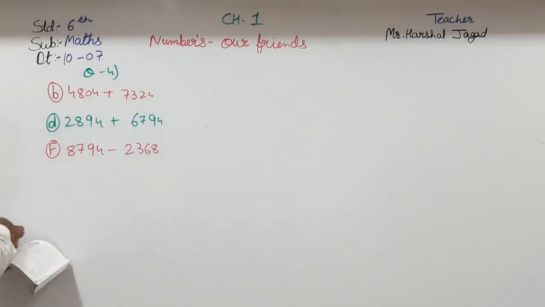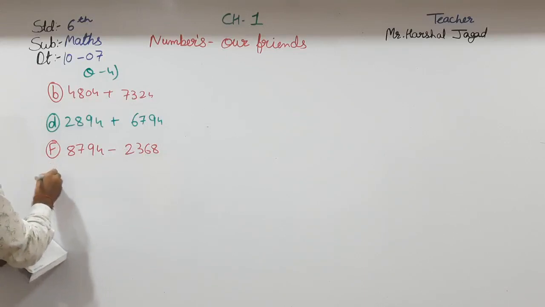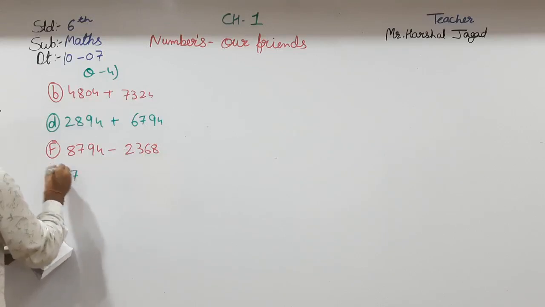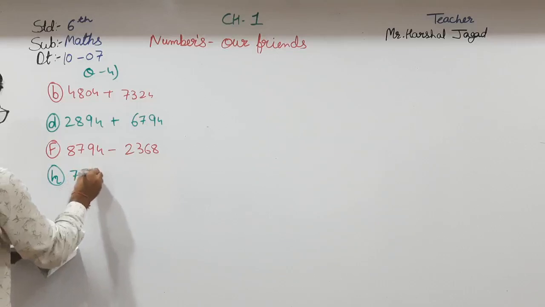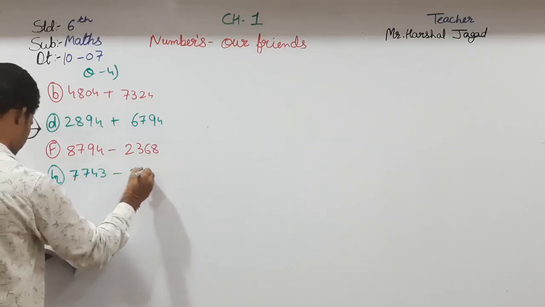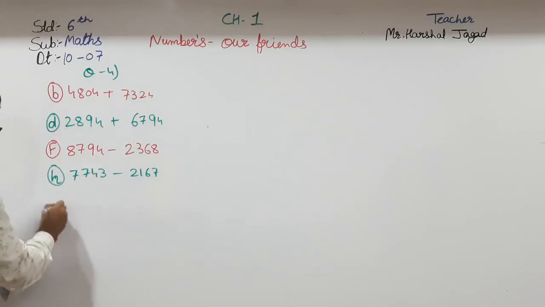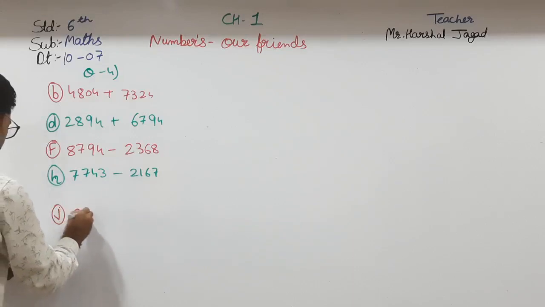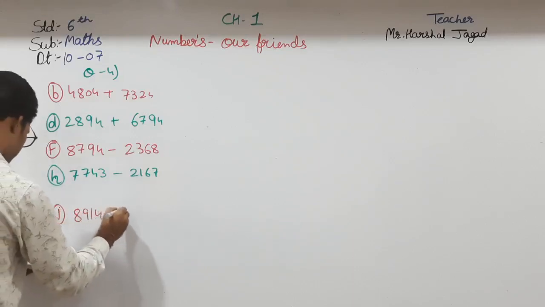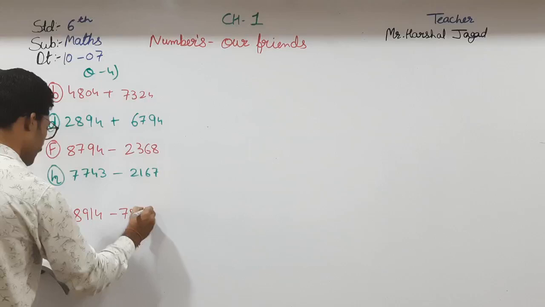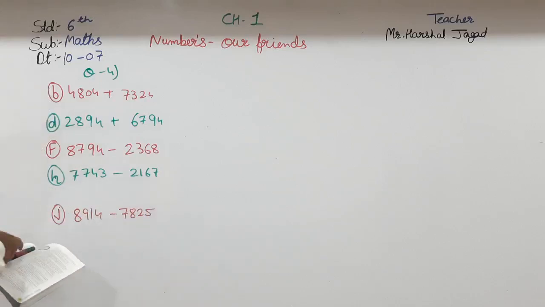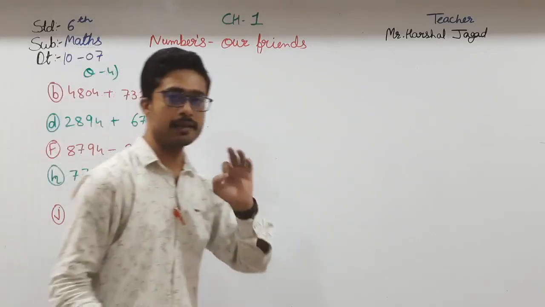Then after H, that is 7743 minus 2167. Then after J, that is 8914 minus 7825. Okay, so these are the questions, and we have to give the approximate answers of it in the thousand.